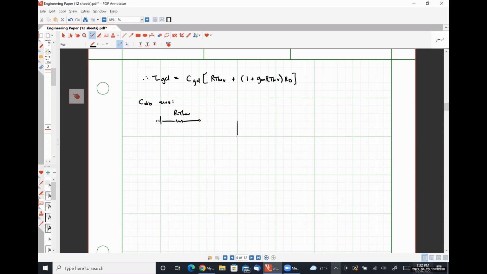So over here, we are going to have GM VGS, where VGS is this voltage, in parallel with RD, in parallel with CDB.